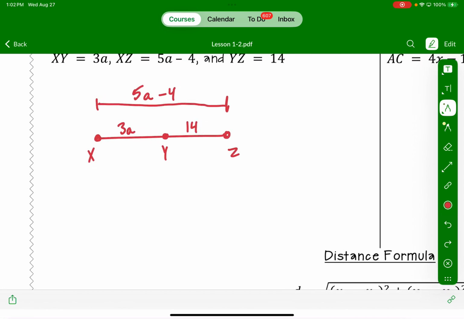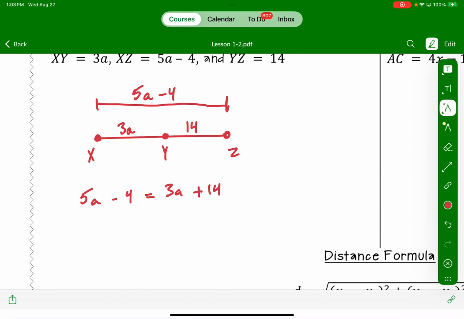What could we possibly do with this information to figure out what A is? Yes? You could always put them on 2 sides of an equation. For instance, 5A minus 4 equals 3A plus 14. Okay, so Susanna says write an equation: 5A minus 4 is equal to 3A plus 14.